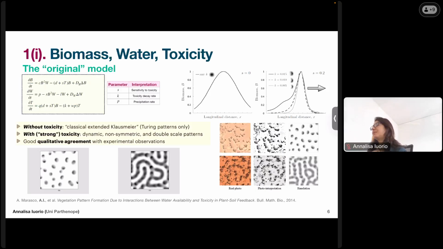But this lack of symmetry and this type of movement induced by autotoxicity was, for us, much more interesting from the analytical perspective, because we didn't have a model that only produced stable patterns, but we had a model that could produce both stable patterns and traveling structures. And also from the ecological perspective, this was somehow closer to experimental observations.